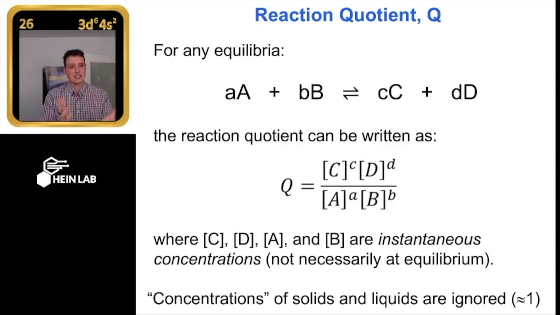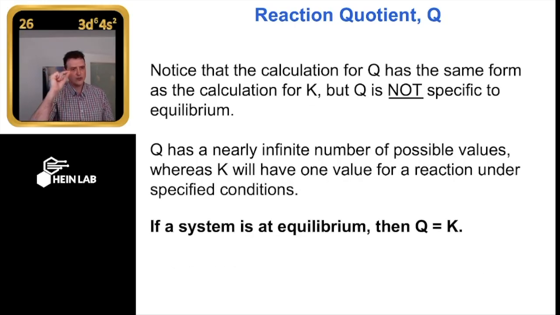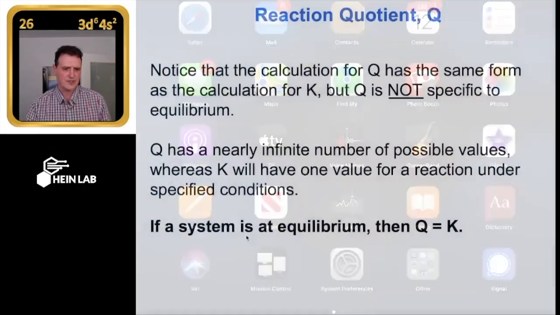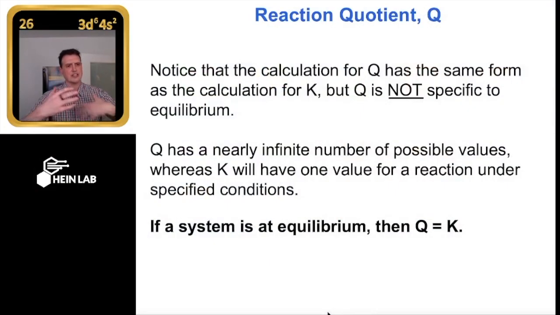So what this lets us do is say, if I know the concentrations at some time point, it may or may not be at equilibrium yet. When Q, the values of numerator and denominator, equal the concentrations at equilibrium, Q equals K. So when Q, the quotient, equals the K value, we have reached equilibrium. If they're not there yet, Q does not equal K, we are not at equilibrium yet. So it's a strict value at that point. Another way to look at it is if we did this as a dynamic reaction, looking at the change over time.